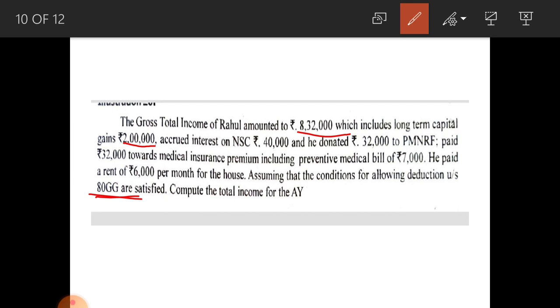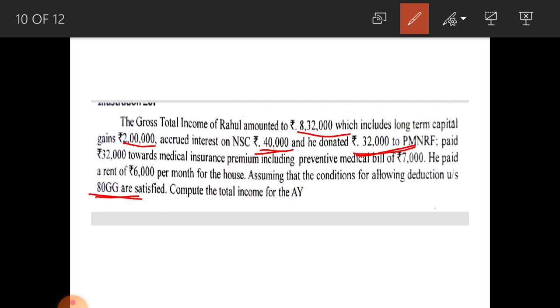Here, accrued interest on NSC comes under section 80C. 40,000 under 80C, that is interest on NSC. Next one, he donated 32,000 to Prime Minister's National Relief Fund. Section 80G, without limit 100% deduction is allowable for this purpose. So, 32,000 you can write directly.